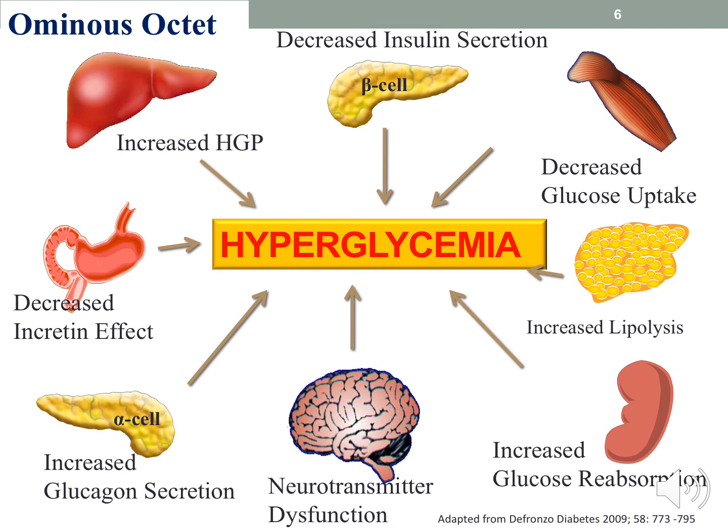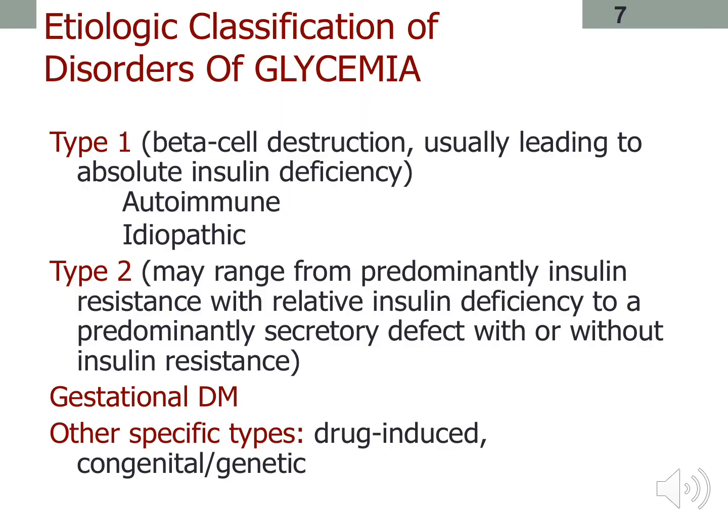And that also leads to dysregulation of certain neurotransmitters like dopamine, which also leads to hyperglycemia. So these are the 8 different defects in diabetes, especially in type 2 diabetes. I began to talk about already the types of diabetes, and there are actually mainly 3 main types: type 1, type 2, and gestational diabetes.